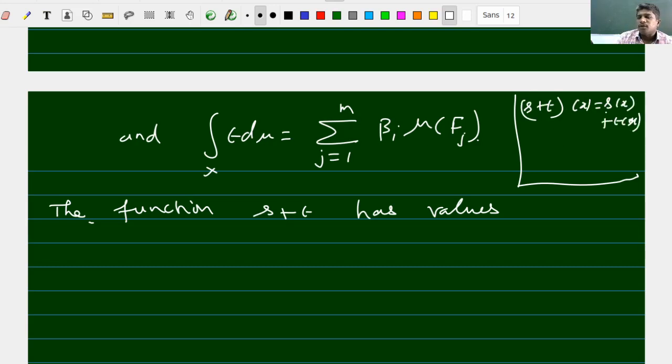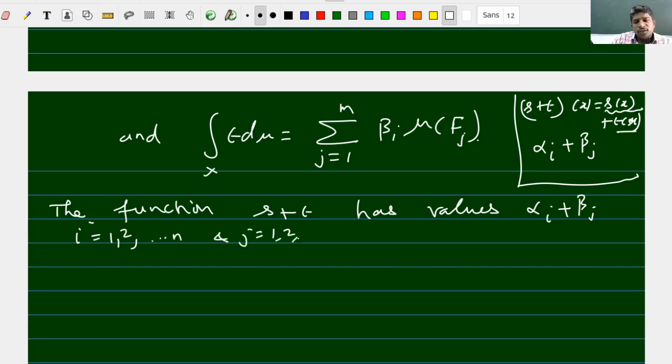Alpha i are the values of s of x, and beta j are the values of t of x. So s plus t assumes the values alpha i plus beta j, for i from 1 to n and j from 1 to m.